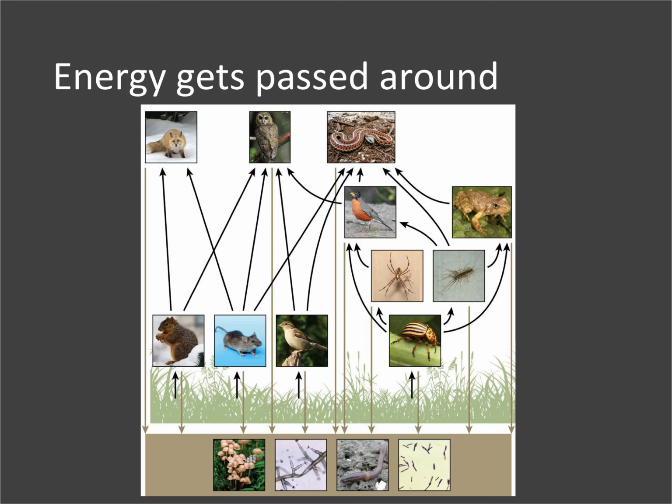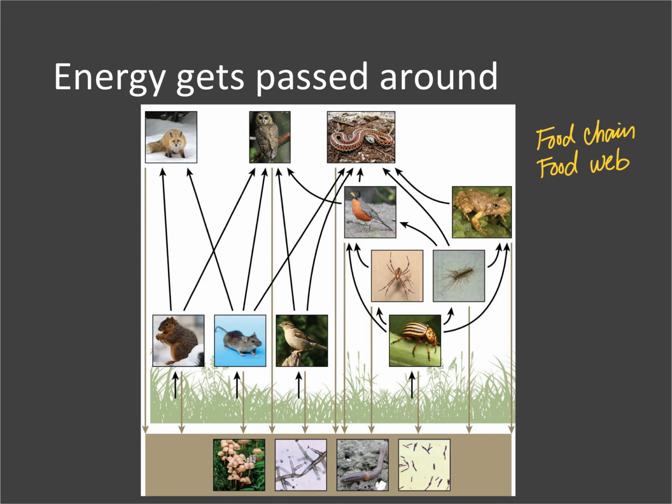You've probably heard of something called a food chain or a food web. And this picture here is showing us a food web. So this is showing us a group of organisms and how they eat each other. And when you eat something, you're taking its biomass. What that means is you're taking its molecules, so you're taking its atoms, but you're also taking its energy.